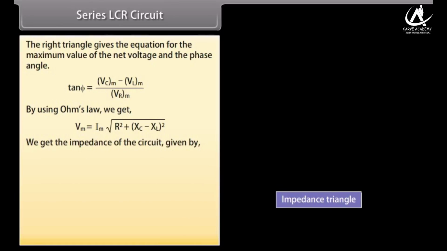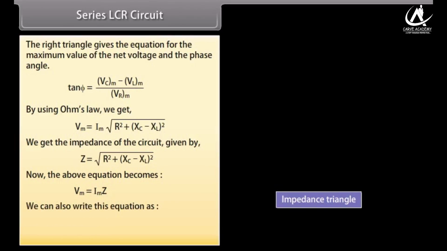We get the impedance of the circuit given by Z = under root of R square plus (XC minus XL) square. Now, the above equation becomes Vm = Im Z.